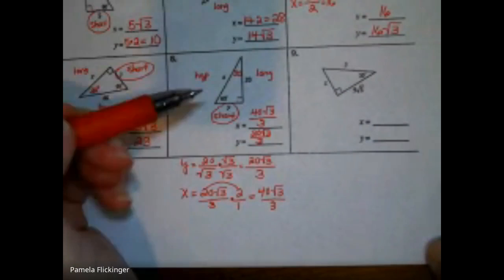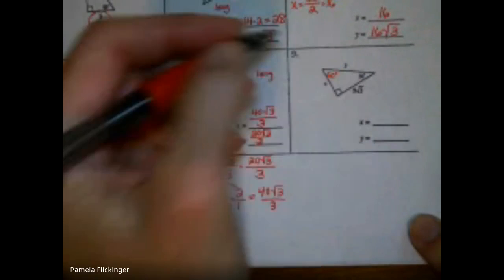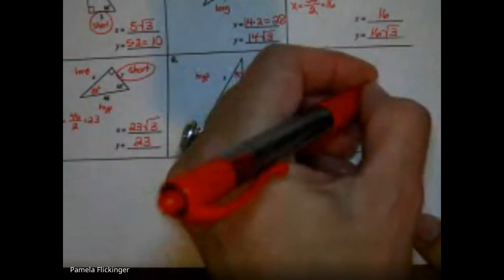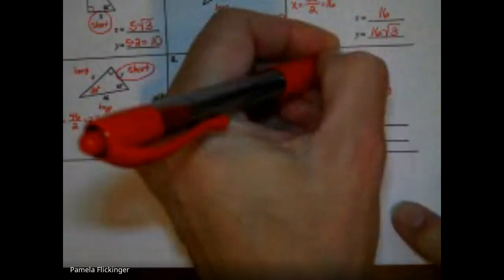And number 9, so again, I see the 30-degree angle, so I know this one over here will be 60. Across from the 30, which is the x, is the short. Across from the 60 is the long. And then across from the right angle is the hypotenuse. So again, we're given the long. So I need to get the short side first.